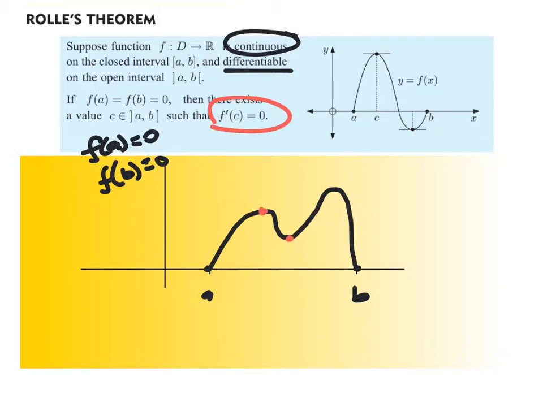In this case it looks like I've got 3 points, but at least one point C would have a derivative equal to 0, or a horizontal tangent line.